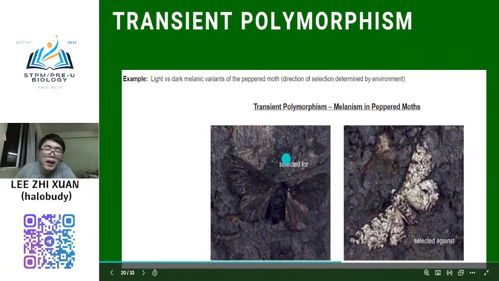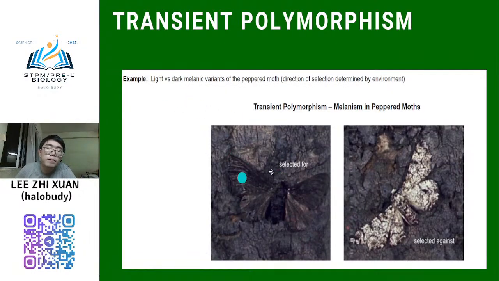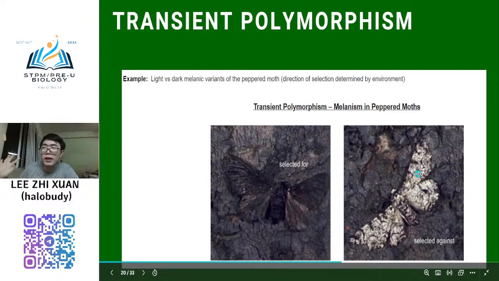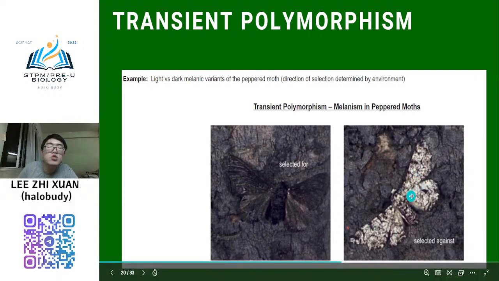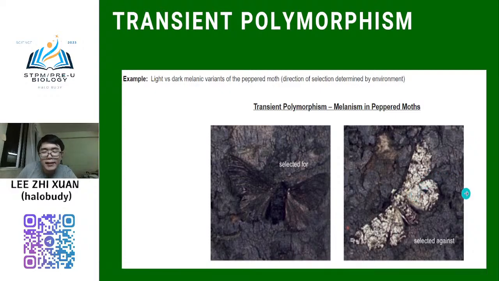Kalau dia berada dekat very dark environment, yeah, it will appear in black color. But black color we know as dominant. But in white color, when in a very light environment, yeah, white color is more suitable, not better than dark color.